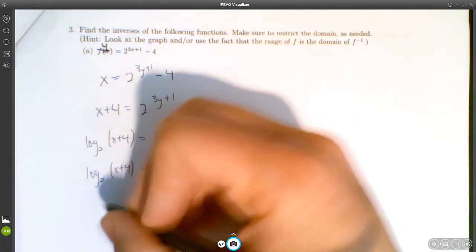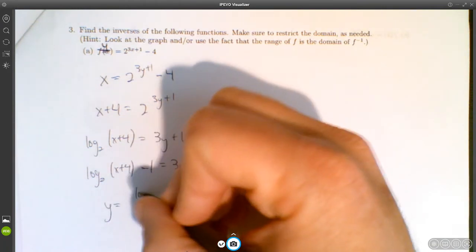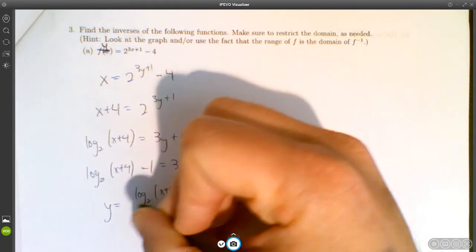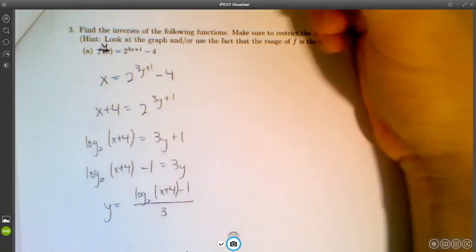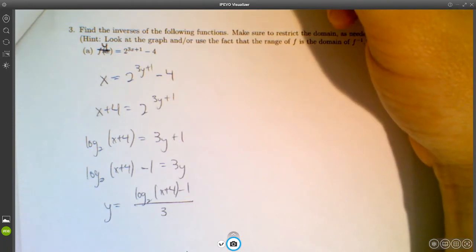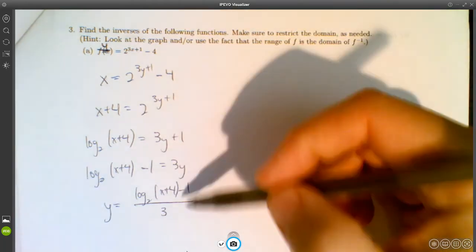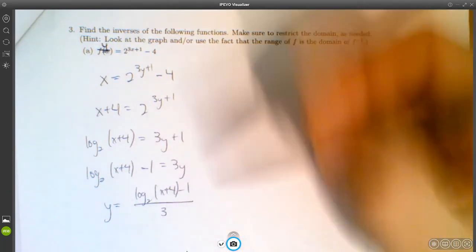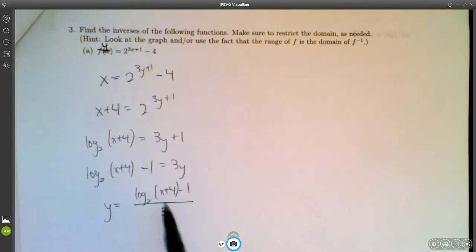I'm going to switch sides now and say y equals log base 2 of x plus 4, minus 1, over 3. There's your inverse function, potentially. We just need to make sure that the domain of this function is the same as the range of the original function. So what is the standard domain here?